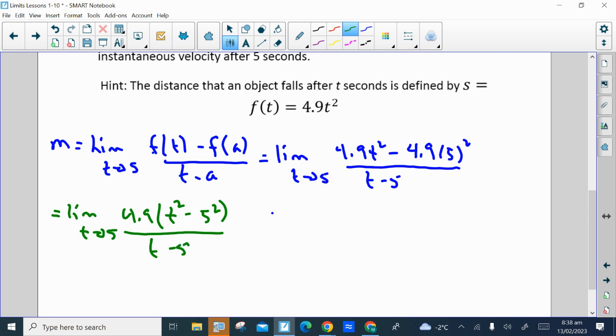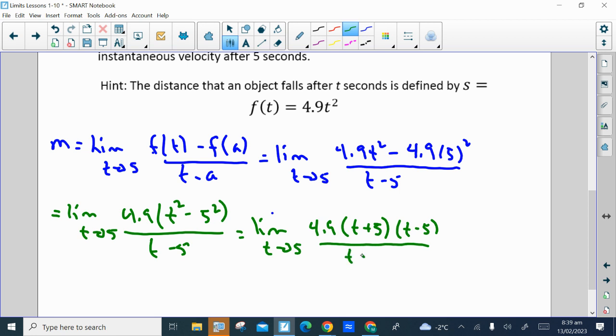That is a difference of squares. You can leave it in the formulas right now, and it's a difference of squares. Or you can say 5 squared is 25, it's still a difference of squares, it's still going to give us the same factors. So this will be the limit as t approaches 5 of 4.9 times (t plus 5)(t minus 5).